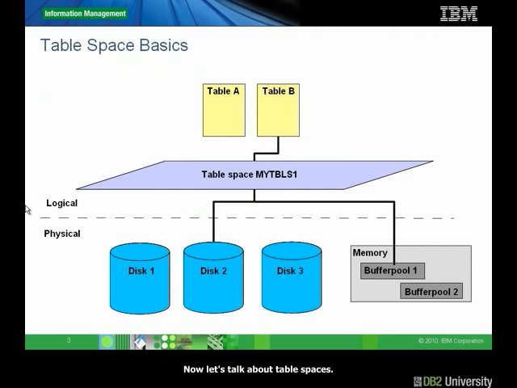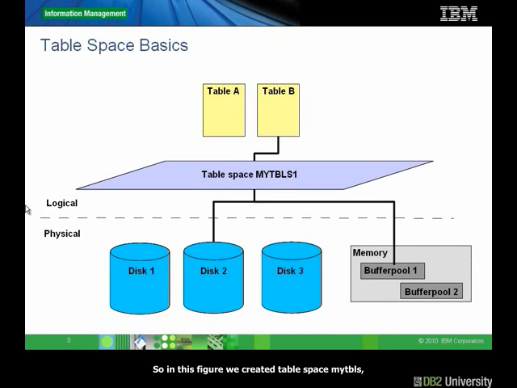Now let's talk about table spaces. Actually, we talked about table spaces in the DB2 Essential Training 1 course when we were describing the DB2 environment. We said a table space was a logical layer between your logical tables and your physical disk and memory.